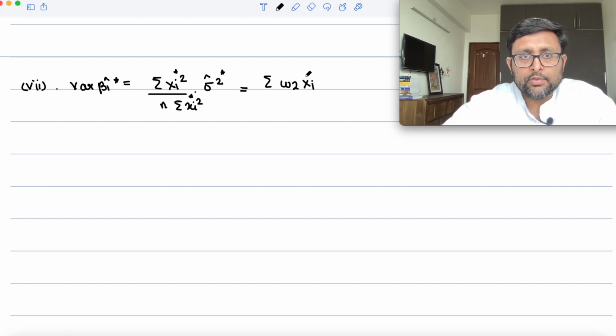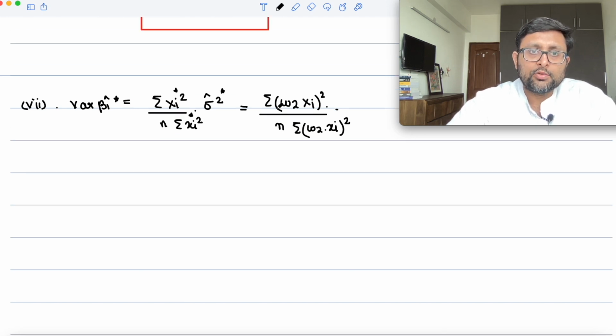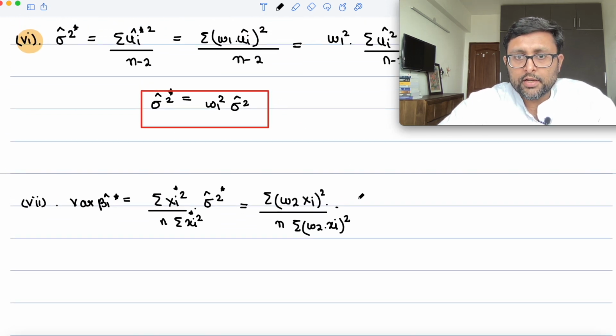This capital Xi square upon n summation of W2 small xi square into sigma square hat star. What is sigma square hat star? W1 square sigma square hat.